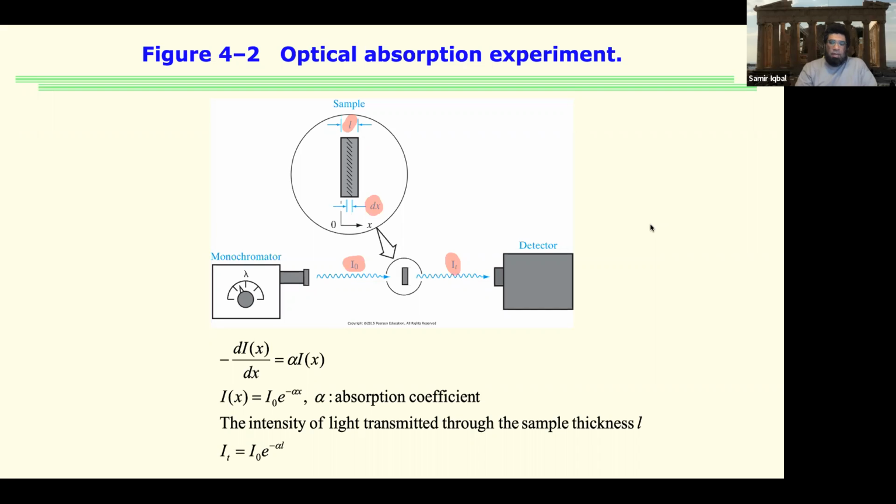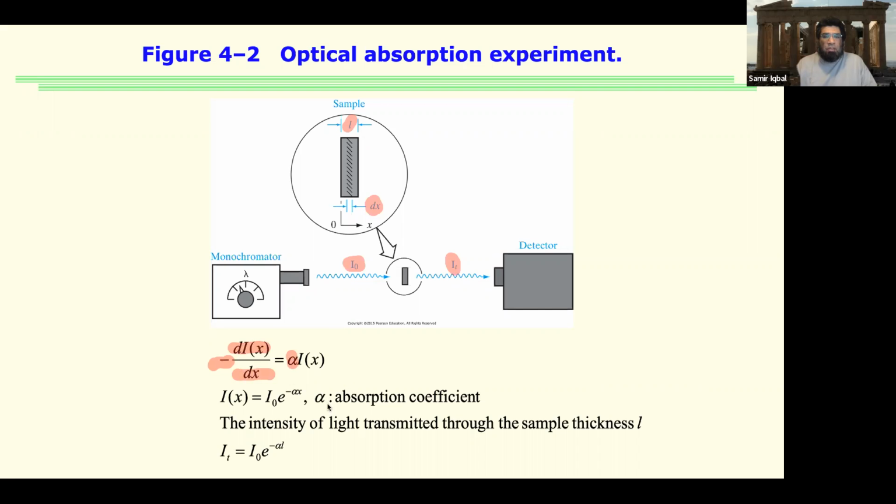Once this falls, it absorbs the photons which have lambda energy, and there is this intensity change over that small distance dx. This is given a minus sign because this is a decay, a degradation of the intensity of the light that falls and passes through this distance.